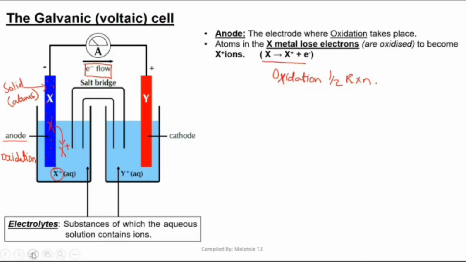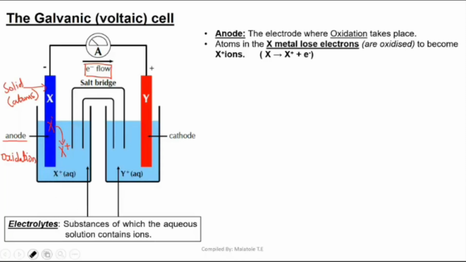So the atoms, I'm going to keep on emphasizing this one because it's the most important thing. The atoms inside the metal, that blue metal there, I'm going to remove this as well, just so this thing is not too messy now.